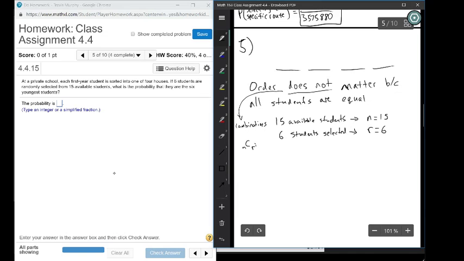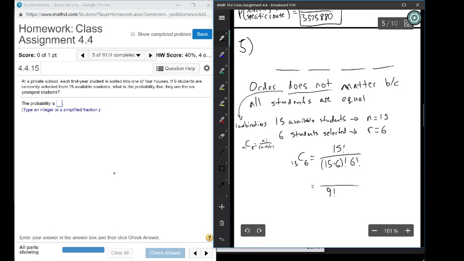The formula is n factorial over n minus r factorial times r factorial. So 15 possibilities, choose 6 would be 15 factorial over 15 minus 6 factorial times 6 factorial. 15 minus 6 gets us to 9.